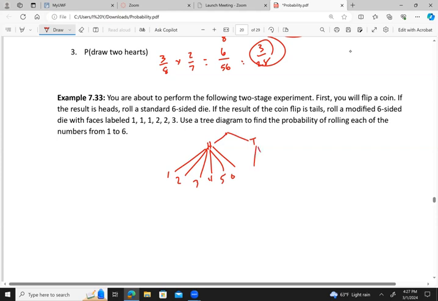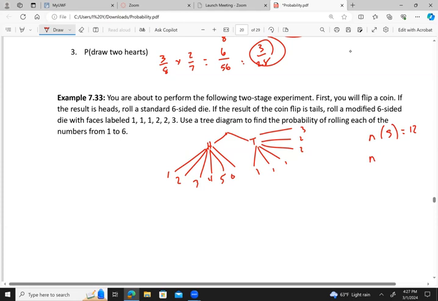If I roll tails, I have 1, 1, 1, 2, 2, 3. Okay? So I have a total of 12 possibilities. So the size of my sample space is 12.